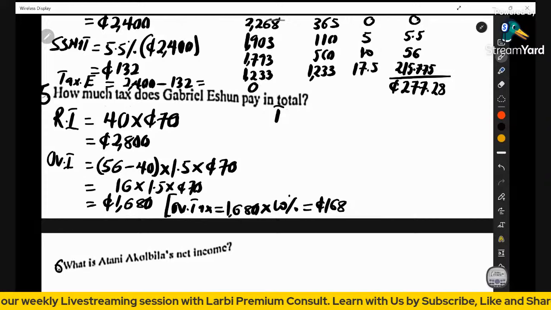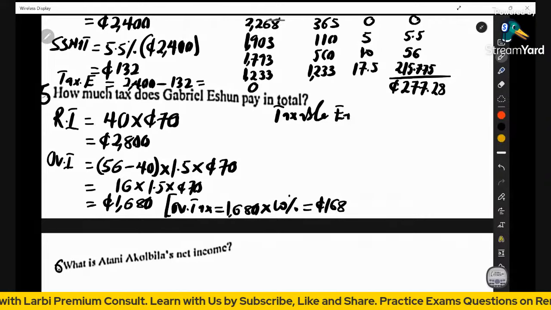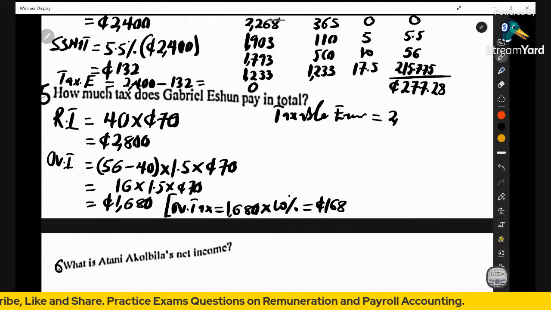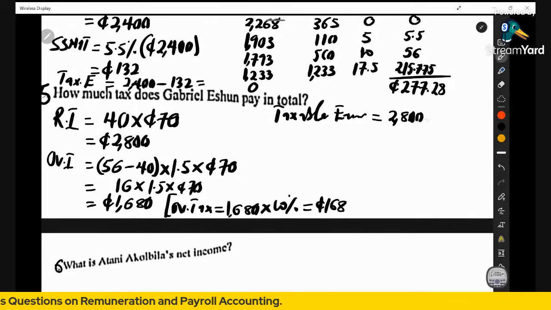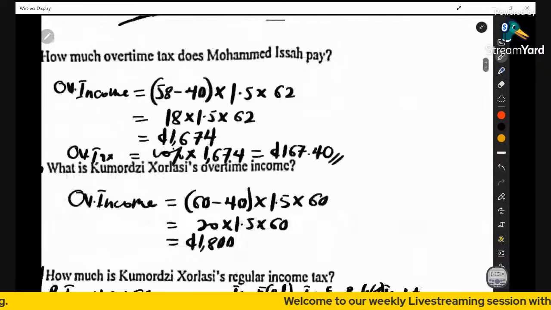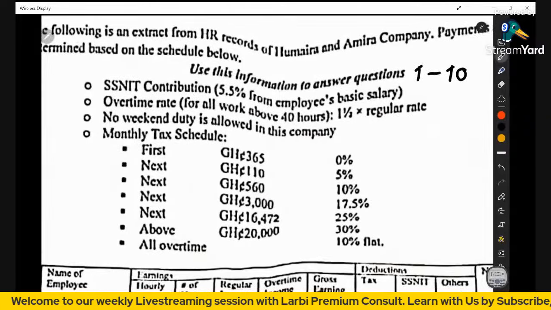Taxable earning should be equal to the regular or basic earning, which was 2,800, multiplied by 5.5% on the basic rate based on this net contribution, which is 5.5% from the employee's basic earning, the same thing as the regular earning.